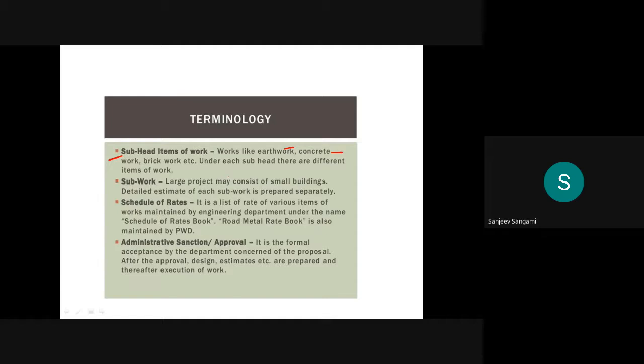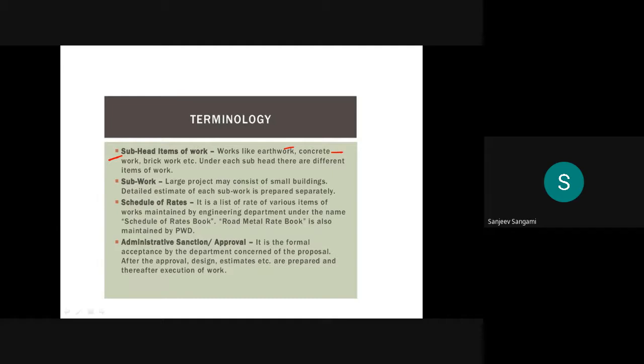In that, the subheads of the work involve, for example, excavation, concreting. These are all subheads. Then again, within that you have some items. For example, in excavation, whether it is cutting or filling, like that some items will be there.